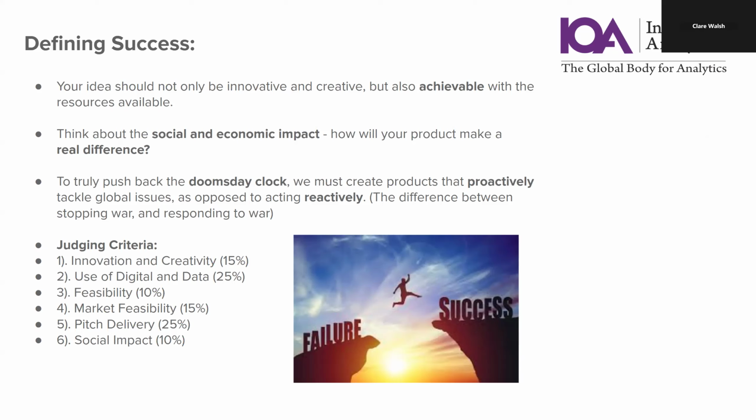The judging criteria for your pitches is below. And as we can see, the use of data and the delivery of your pitch with visualizations and out-of-the-box thinking are the two most important categories, with feasibility and market feasibility also mattering a lot. Social impact is very hard to assess, especially if you have a more unique idea.